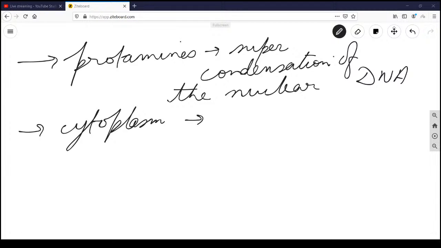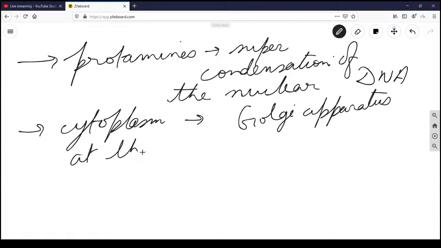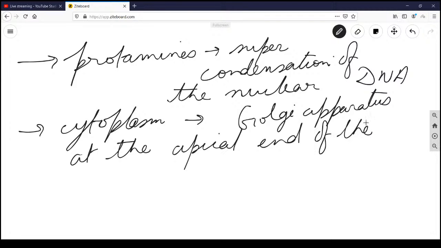at the apical end of the nucleus ultimately gives rise to the acrosome. The Golgi apparatus at the apical end of the nucleus gives rise to the acrosome.